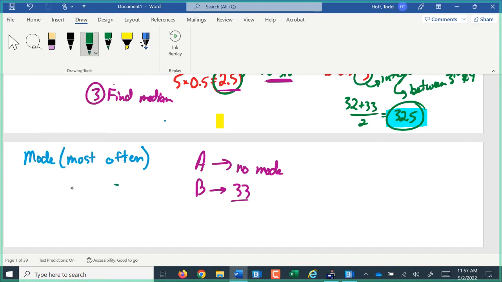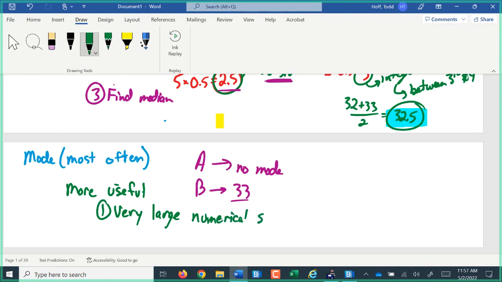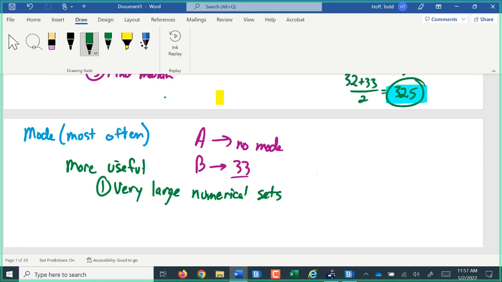The mode is more useful in two situations. One, very large numerical sets. If I have data sets with hundreds of numbers in it, typically then the mode will be pretty close to the other measures of center.